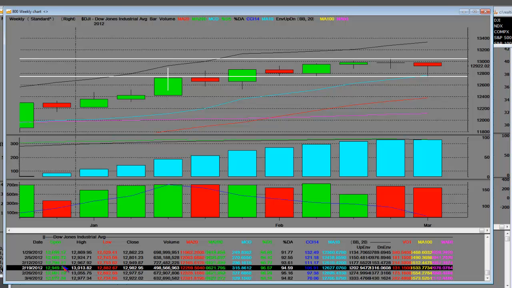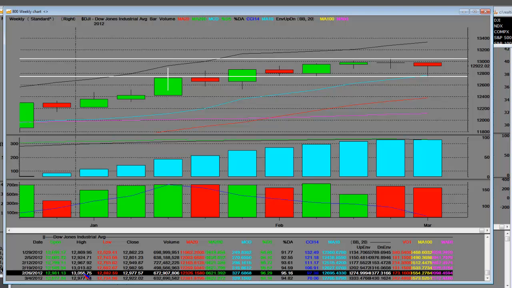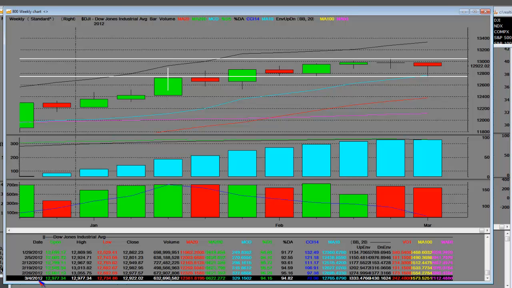Then on 2/19 there in February, the weekly high hit 13,013.82. These were the series of highs that led up to 2/26 that week. We hit 13,055.75 on the high. Now we've had our weekly decline in the week of 3/4 to 3/11, a whole calendar week there, 5 trading days.